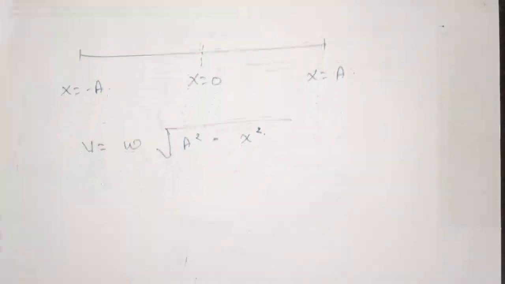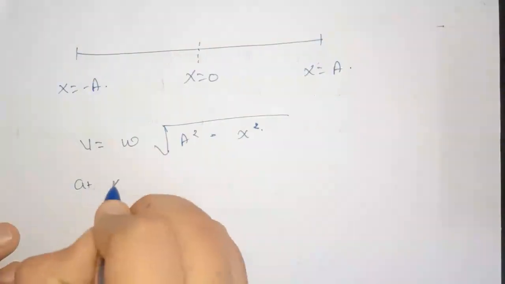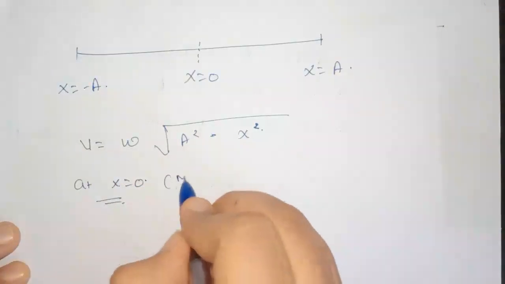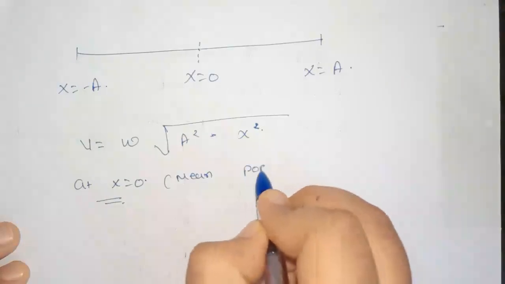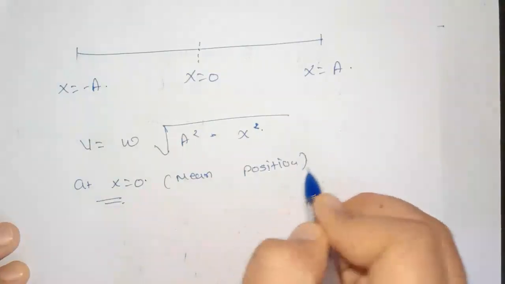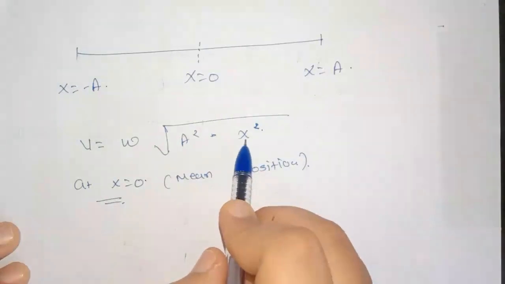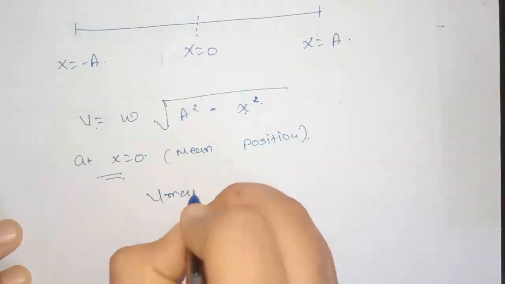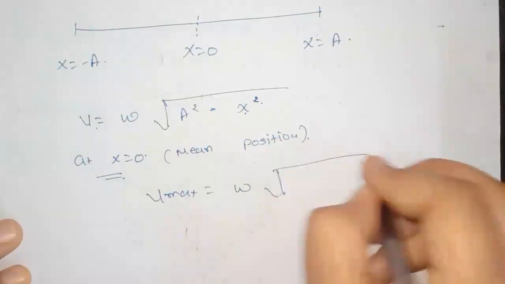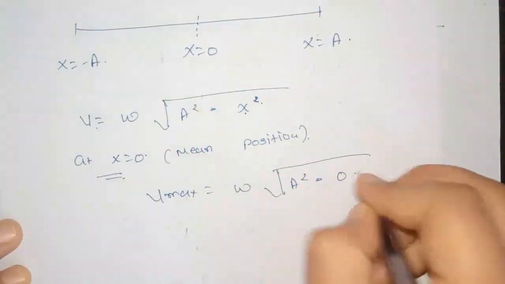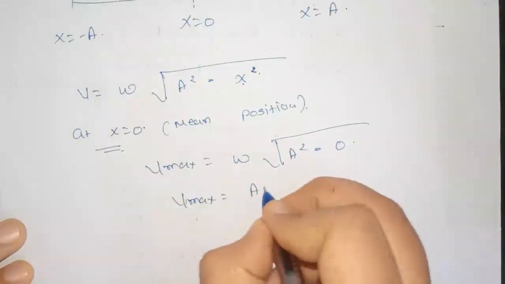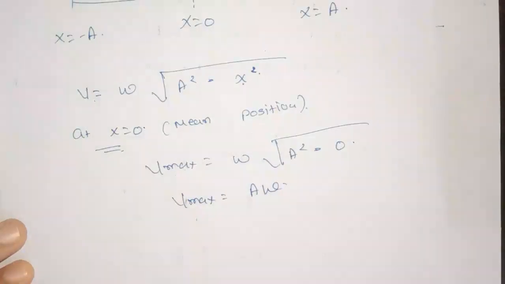Now, at x equals 0, that is at mean position, as x equals 0, the velocity will be maximum. So, V max will be omega under root A square minus 0. So, maximum velocity of particle will be A omega.